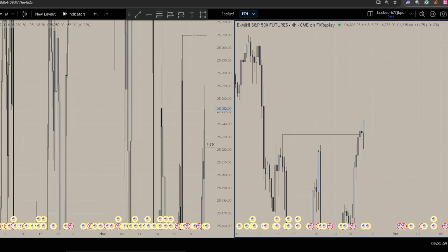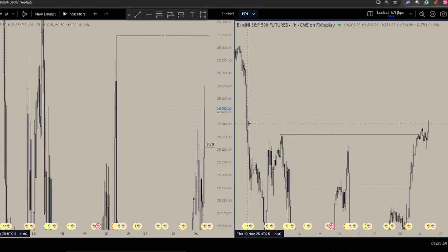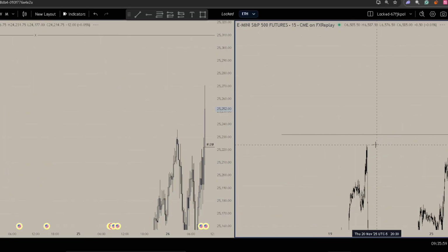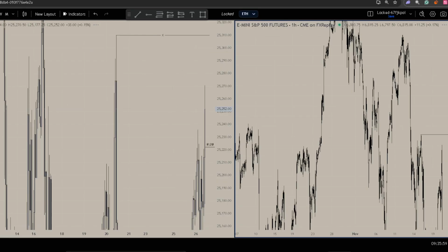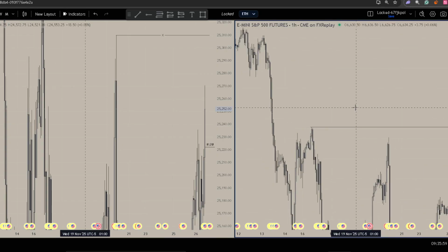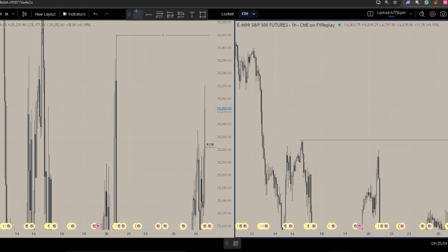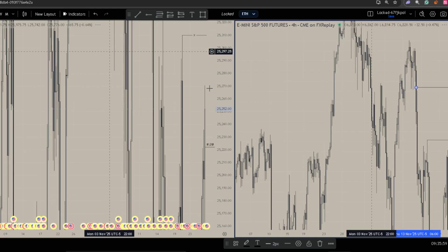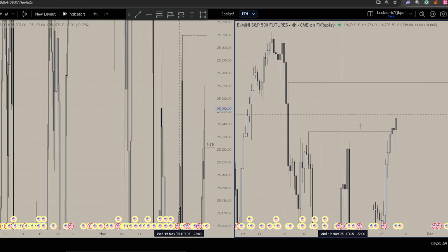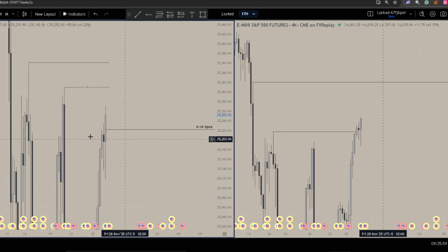I'm just trying to look for ES's new target. Hourly, any targets on hourly? The nearest target is this high right here. Let me see. Yep, it's this one right here, this 4-hour high. So still got SMT at the highs.